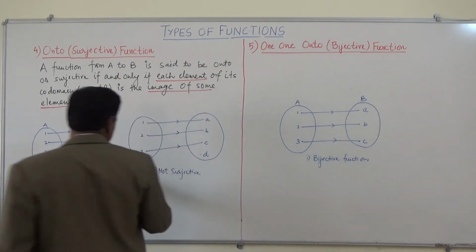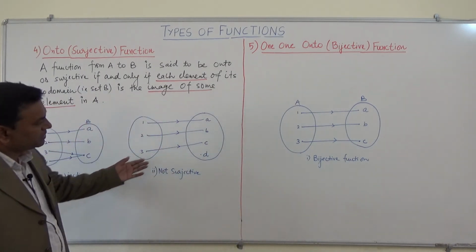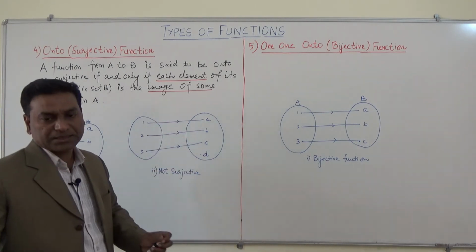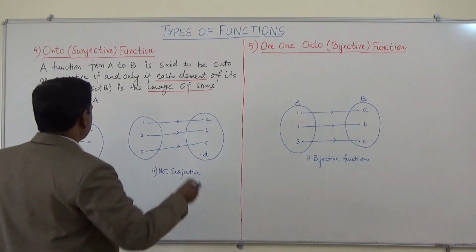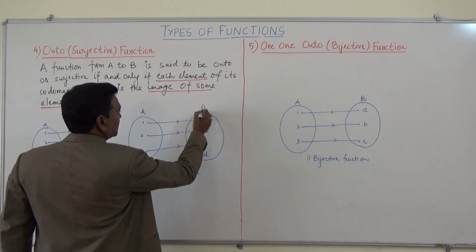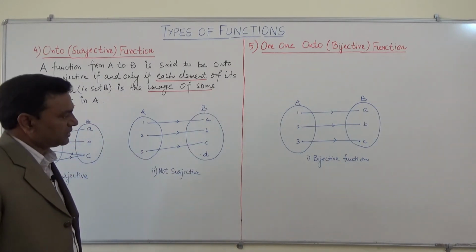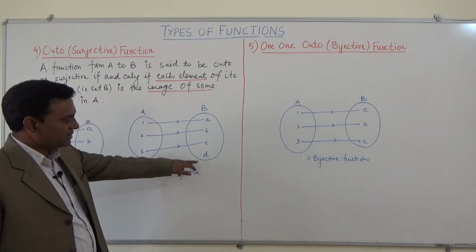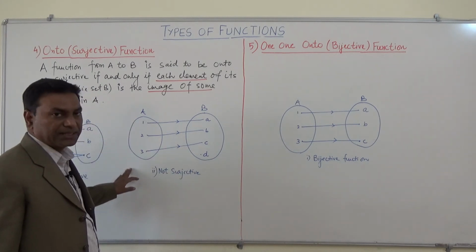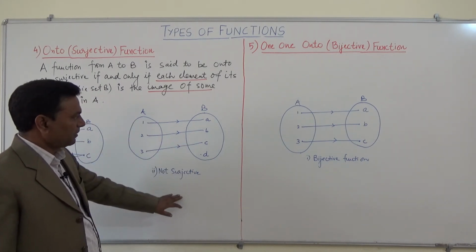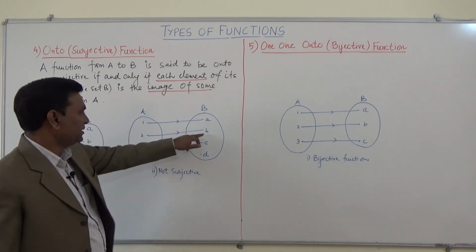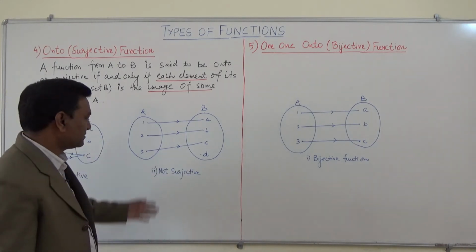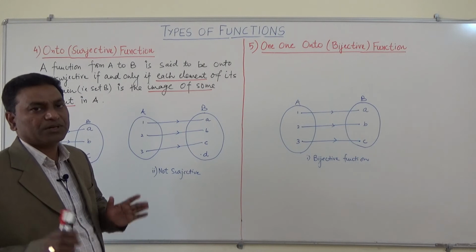But in this other case it is not surjective, because one element, that is d, is not the image of any element of set A. On the other hand, a is the image of 1, b is the image of 2, c is the image of 3, but d is not the image of any element. That's why this is not surjective or not onto.